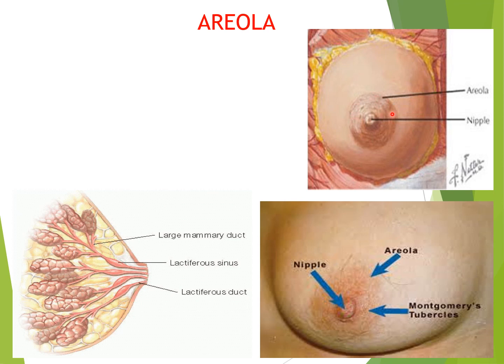These enlarged sebaceous glands are known as the tubercles of Montgomery. The oily secretions of these glands provide a protective lubricant during lactation. Besides these, the areola also contains sweat glands and accessory mammary glands.